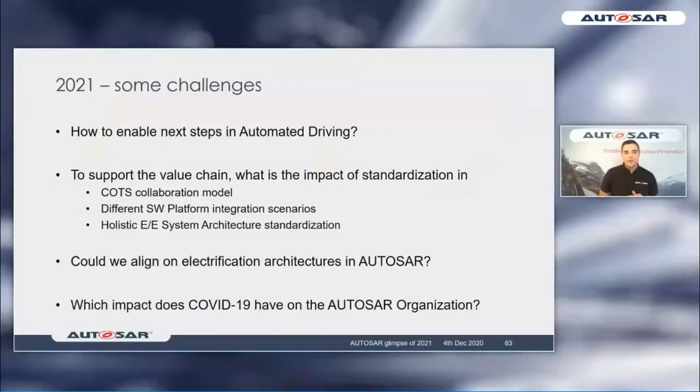To support the value chain we've seen before in the slide, there are 3 different perspectives. I think the EE architecture integration. We also have different scenarios on the platform level integration, but also off-the-shelf functionalities and EE systems that can be applied and also acquired from the market.